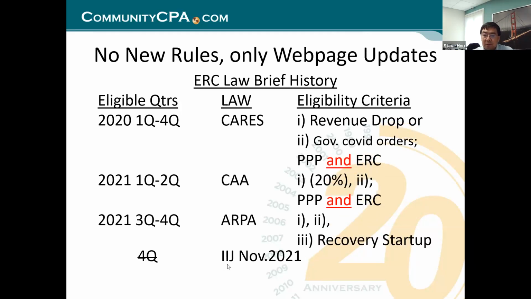Okay, and then Congress eventually in November 2021 passed another law, the Infrastructure Investment and Jobs Act. I call it IIJ, so that's the Infrastructure Act. And that was passed by the Senate in November of 2021. I think the House passed that law earlier, probably in August of 2021.